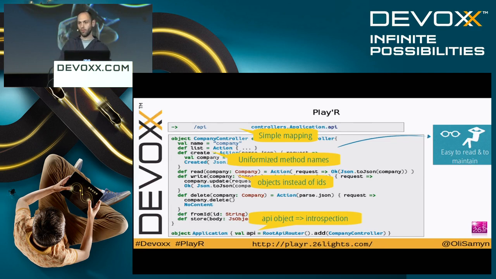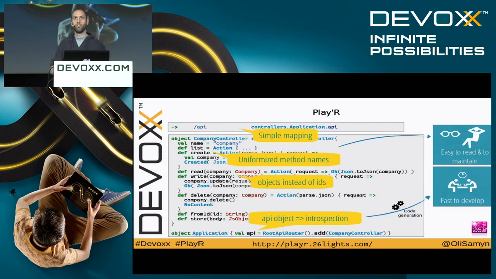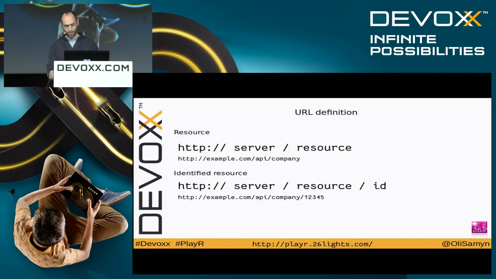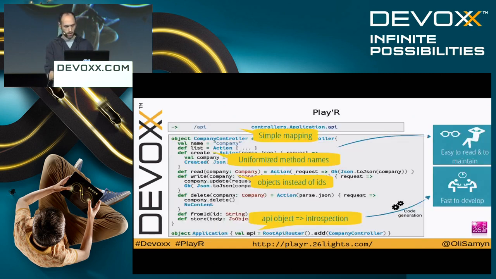We have stuff available to list all the resources and all the controllers that we have implemented, so you can generate code from that. It's really faster to develop, and you just have to write the code generation once, and it's always good. So it's even easier to maintain and to read. I will explain at the end what benefit it gave us. Okay.